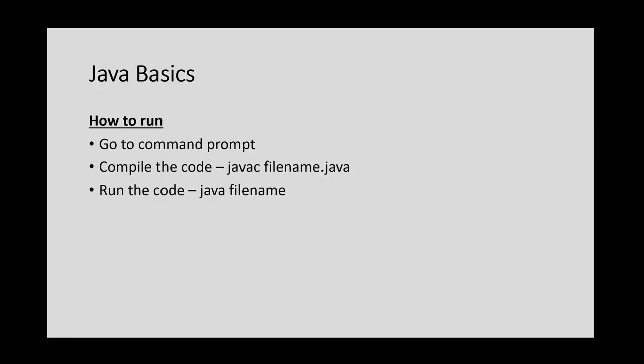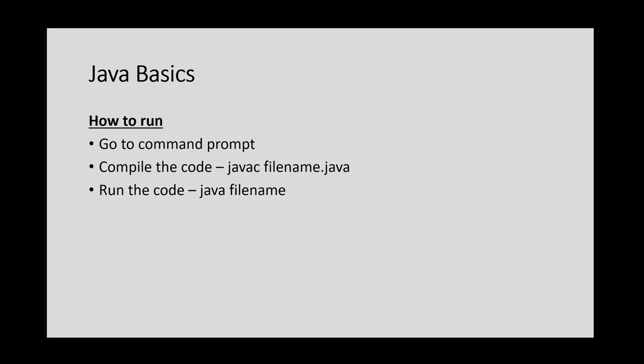While you're compiling, you need the name of the file, and also while running you need the name of the file. So to compile the code, the command used is javac, and to run the code, the command used is java. There, c stands for compiling the code in javac. And for both you have to provide the file name.